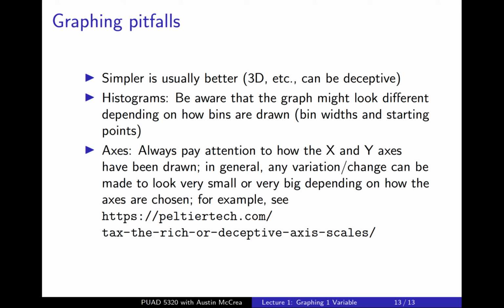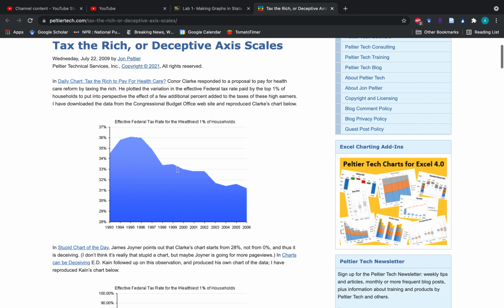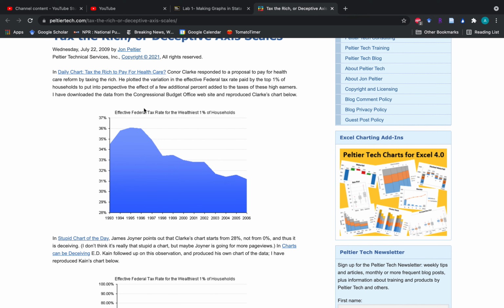And then finally, as a note about the axes, you should always pay attention to how the X and Y axes have been drawn. In general, any variation or change can be made to look very small or very big, depending on how the axes are chosen. There's an example here below that actually illustrates this point really well. Right, so this is the effective federal tax rate for the wealthiest 1% of households.